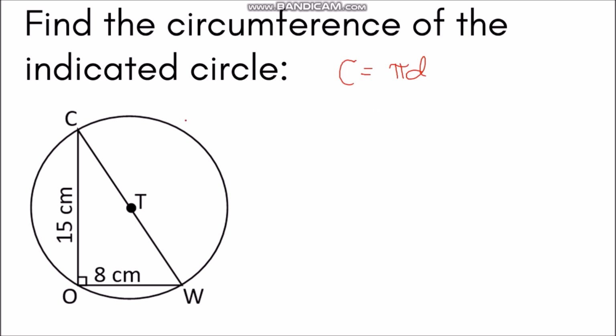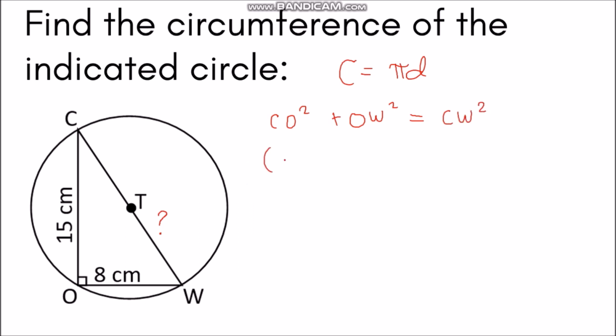If we look at this circle, there is a triangle formed, and it is a right triangle since segment CO is perpendicular to segment OW. Now, we need to look for segment CW, which is actually the hypotenuse of the right triangle. Again, CW is the diameter, so we need to solve for this value to find the circumference. So, we can use the Pythagorean theorem here, and we can write CO squared plus OW squared, and this should be equal to CW squared.